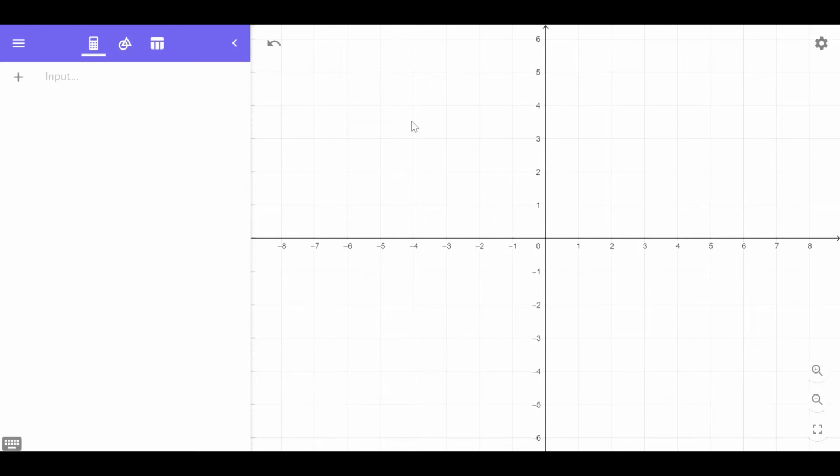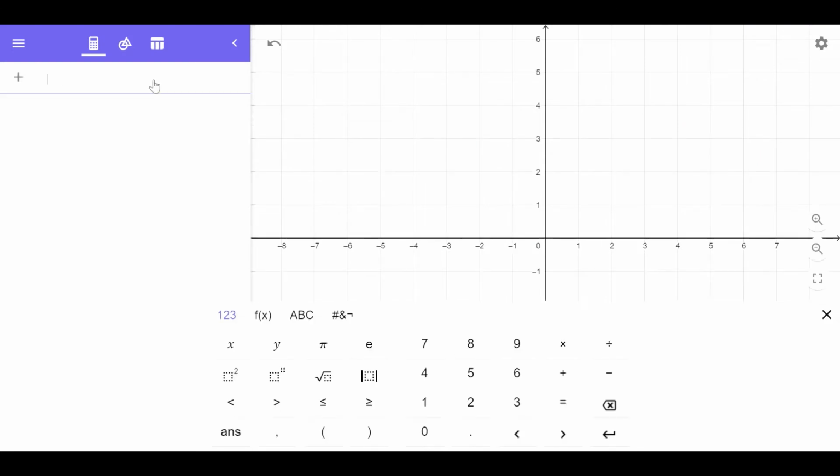Papakita ko sa inyo, class, kung paano mag-graph sa GeoGebra. So, graph natin yung example 1 natin. Yung GeoGebra, class, sabi ko sa inyo last time, download nyo siya sa Google Play Store. So, type nyo lang GeoGebra or graphing calculator sa iPhone. Pwede rin siya sa Windows, class. So, ito yung window version niya.